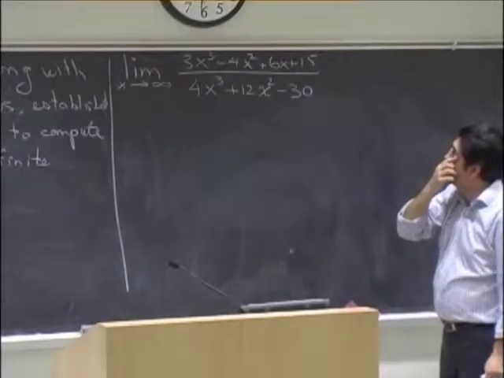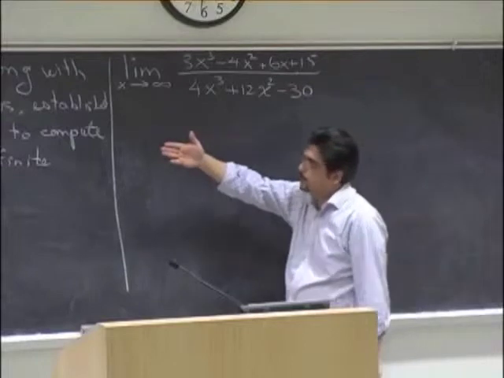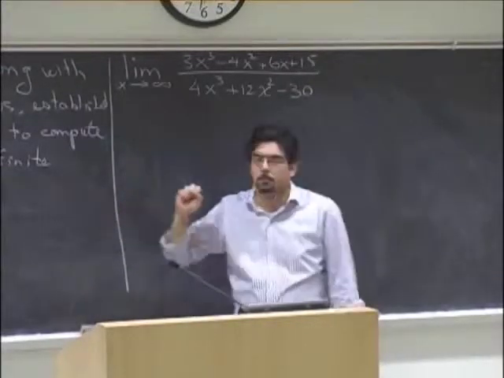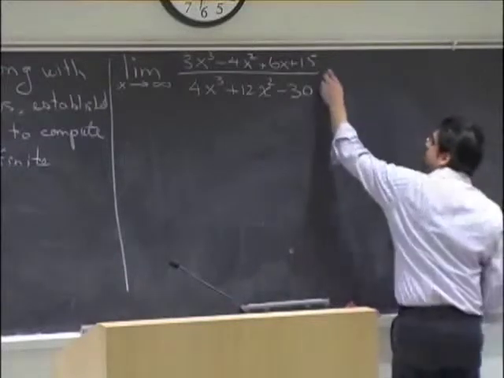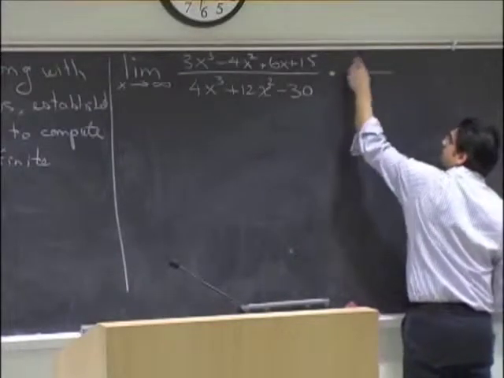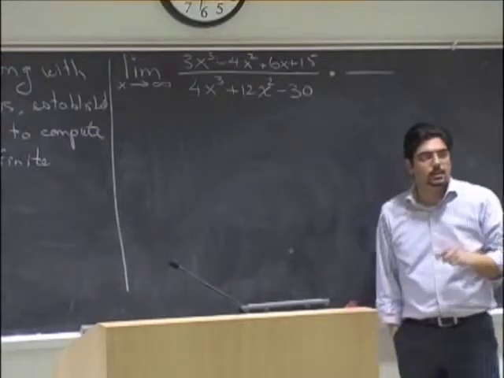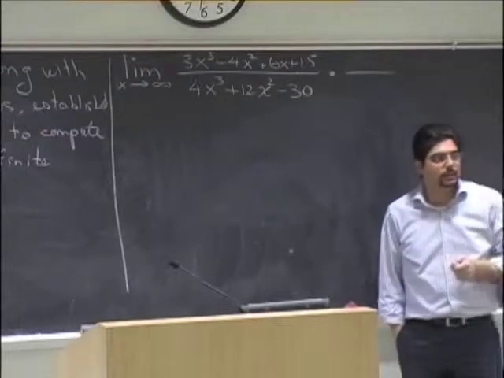In order to use our limit laws, or in order to use those theorems, we have to have reciprocals of x, right? And like before, I'm going to do some calculations and show why each step makes sense, but in practice you don't have to do that.